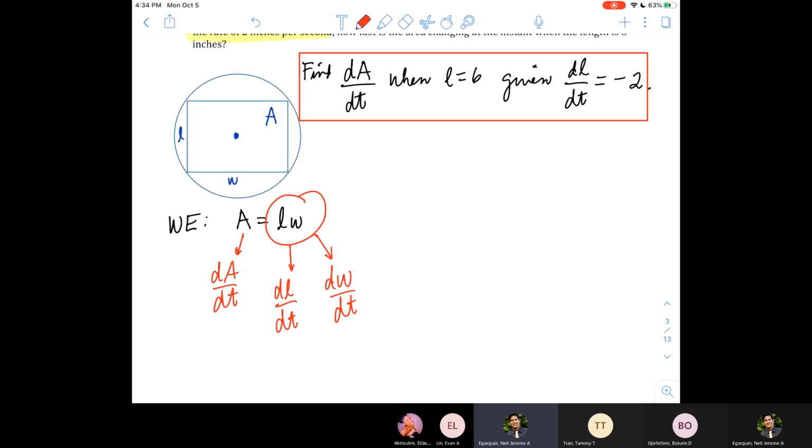Remember, it's fine if we are missing the value of a variable. We can be missing L, we can be missing W because there might be a way to deduce them from the given information. But when a derivative is missing, like dW over dt, there is a very slim chance that we can deduce its value from the given problem.